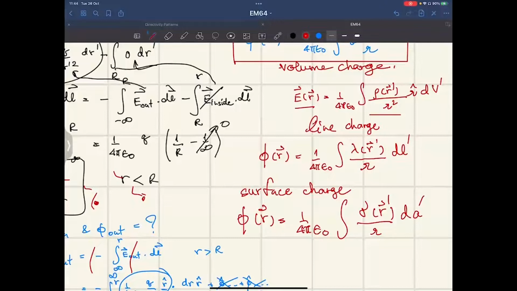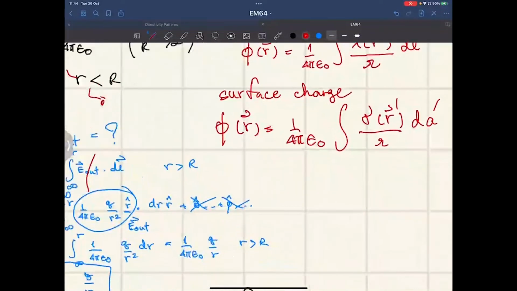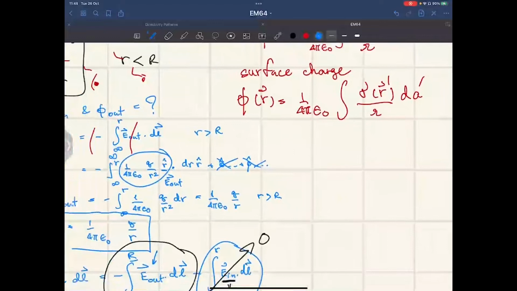Okay, now we're going to finish this class with an example. So we have a spherical shell again. Okay, spherical shell.